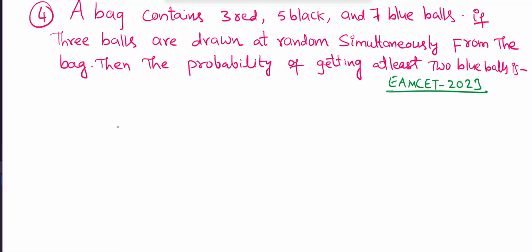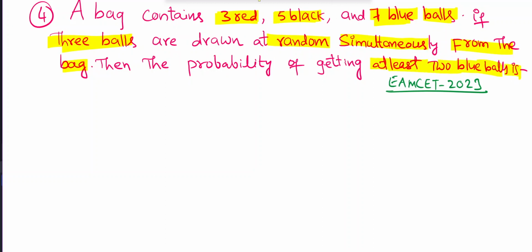This is an EAPCET 2023 question from probability. Here it is given a bag contains 3 red, 5 black and 7 blue balls. If 3 balls are drawn at random simultaneously from the bag, then the probability of getting at least 2 balls is dash.